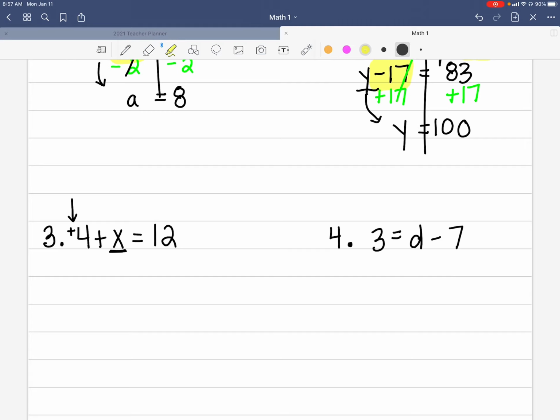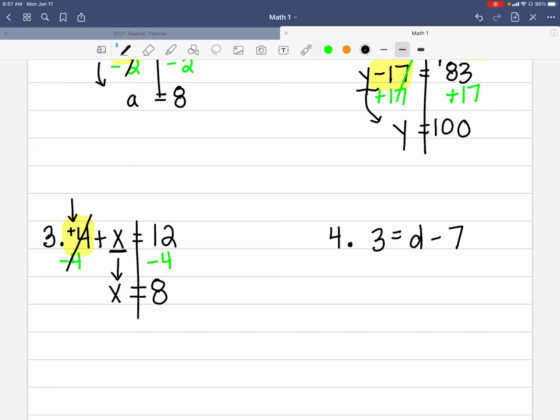So we are going to be inversing positive 4. Right now it's plus 4, so we are going to subtract 4. That is going to get rid of the 4, so 4 minus 4 is 0. Bring down my x. 12 minus 4 is going to give me 8. If we check back over, 4 plus 8 does equal 12.